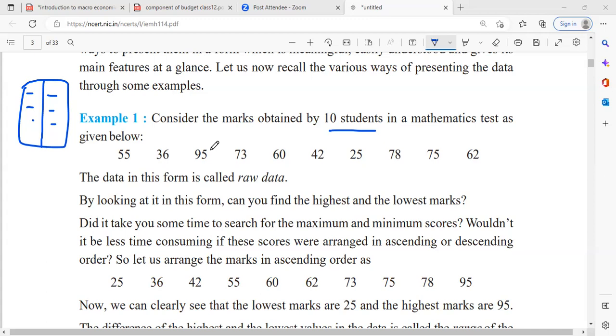For example, let's just take an example. You can see the screen, right? Just ignore my writing pad, sometimes it overwrites.